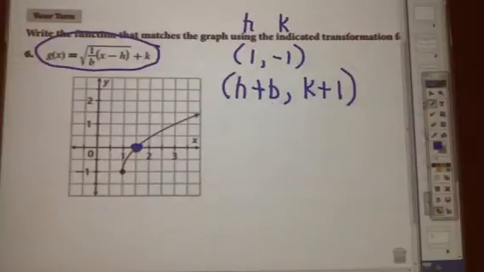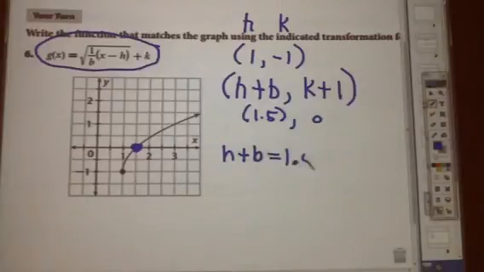Yes. Okay. So 1.5, 0. So this right here has to equal 1.5. So H plus B equals 1.5. And we know H is what? 1 plus B equals 1.5.